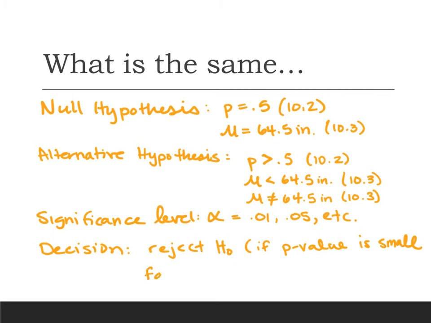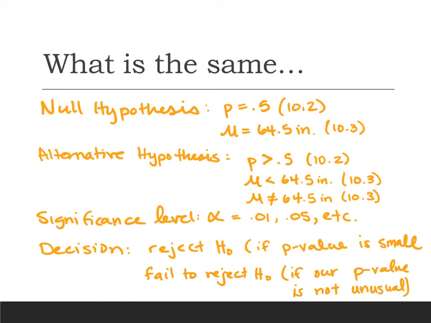And then we could fail to reject the null if our p-value is not small or not unusual. So those are some of the things that are the same.